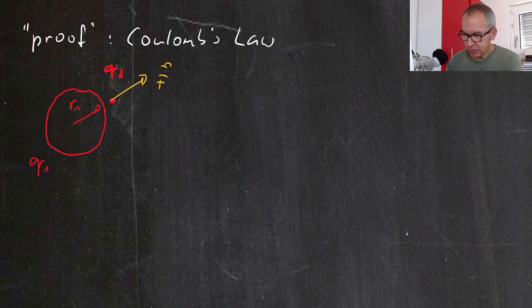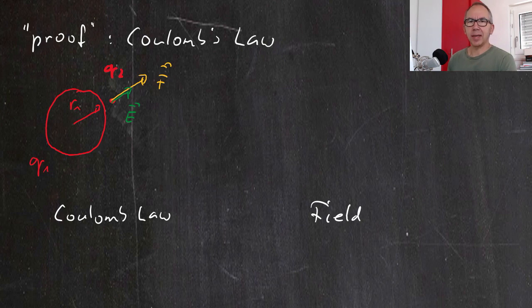Or we could also say there is an electric field pointing in this direction. So we can do two approaches. We can calculate what is the force using the direct approach with Coulomb's law. Or we can go for the approach using the electric field.